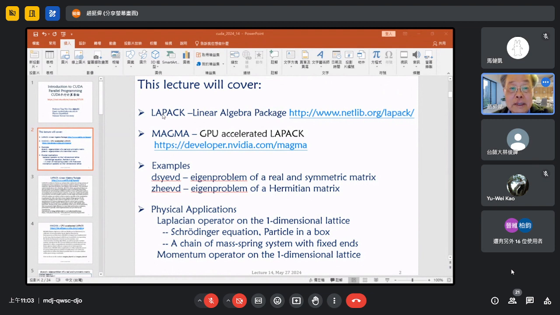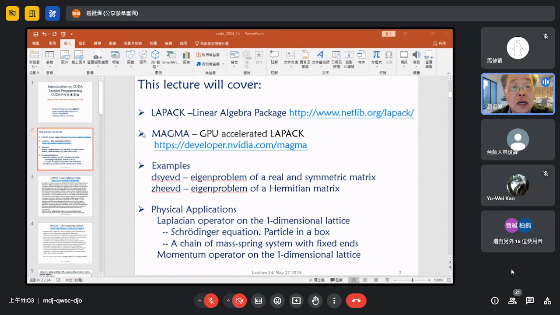The matrix is complex, so I have n squared times 2, because it has a real part and an imaginary part. So the storage is doubled.